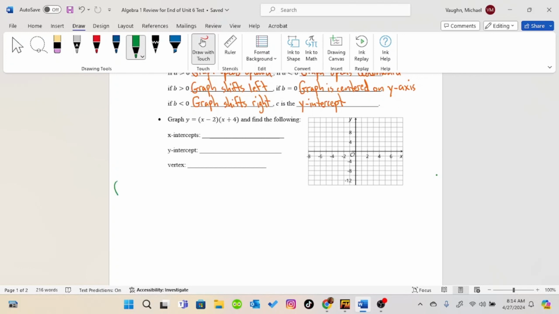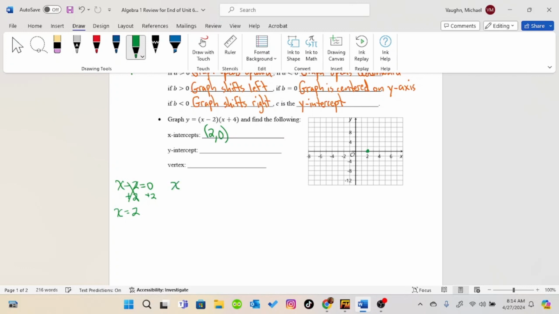We set x minus 2 equal to 0. Add 2 to both sides, and we get x equals 2, which means we have an intercept at 2, 0. And we can plot that point.